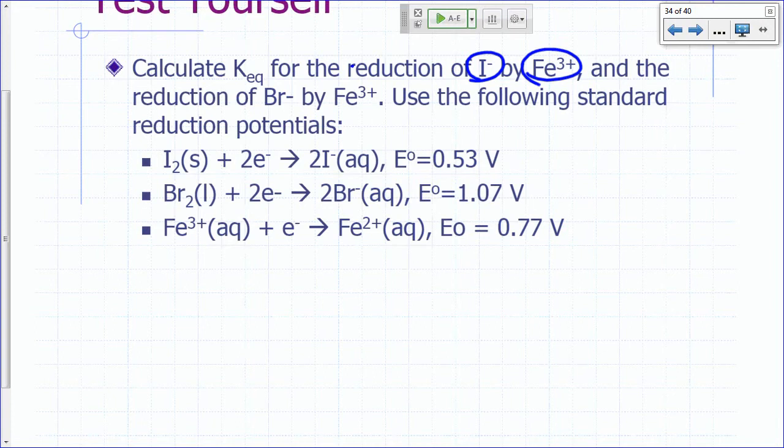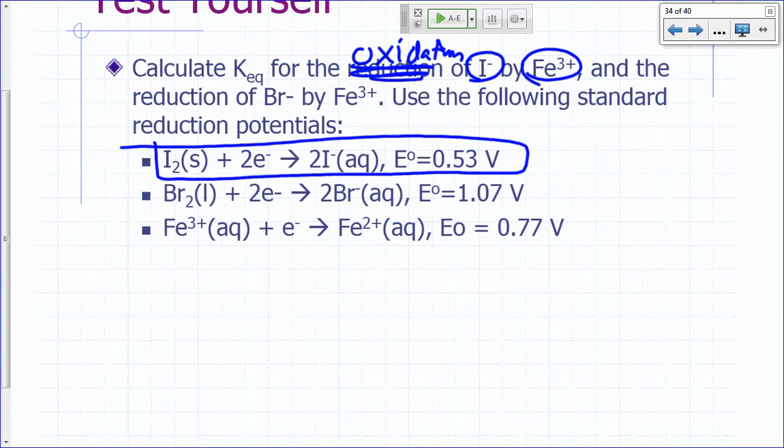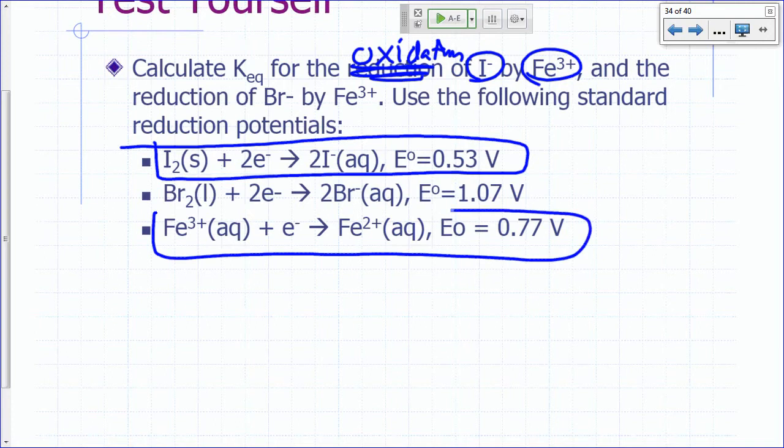I'm sorry, this should be oxidation. Please fix that. So I want to oxidize iodide. So I look up the standard reduction potential of I2. It's that, and iron is this one. Your iron can be reduced to Fe plus 2.